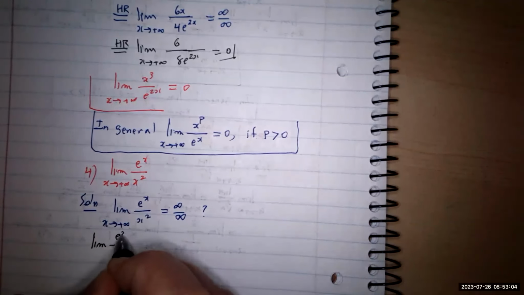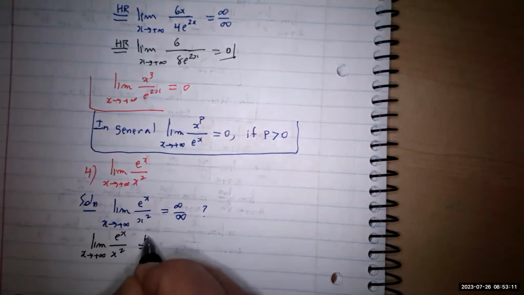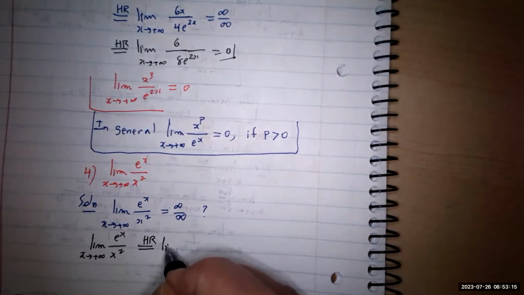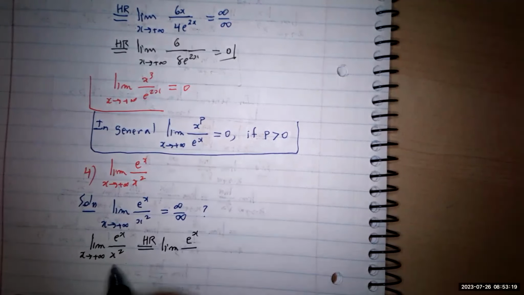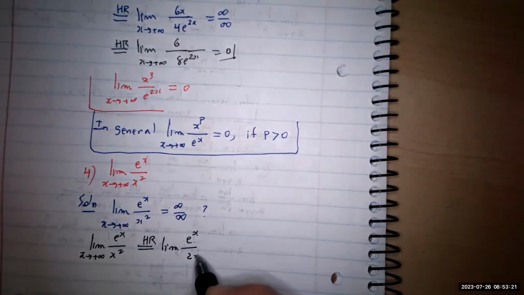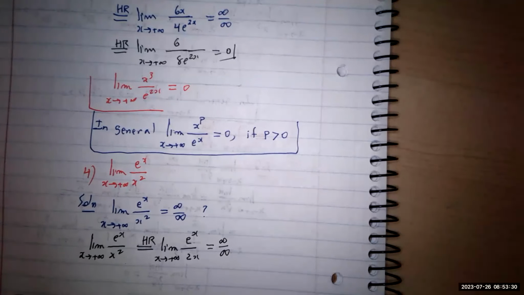That gives you the limit of the derivative of e to the x, which is just e to the x, over the derivative of x squared, 2x, x goes to positive infinity. Again, this is going to be infinity over infinity. You have to continue to get a fixed number down the bottom.